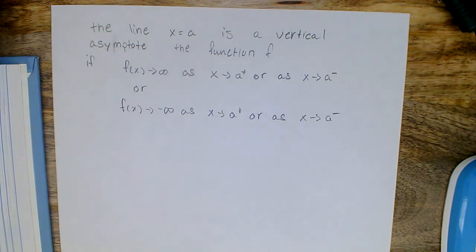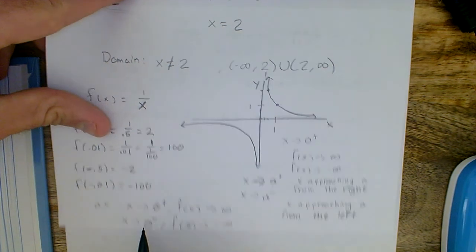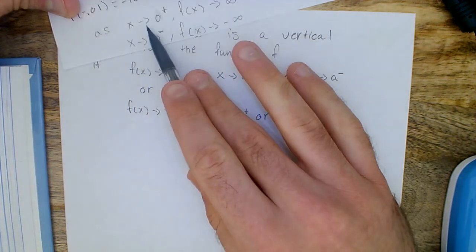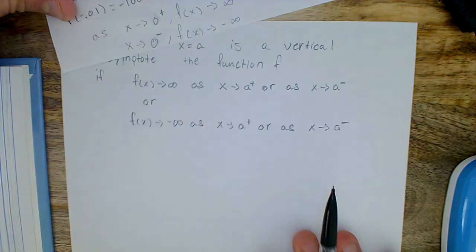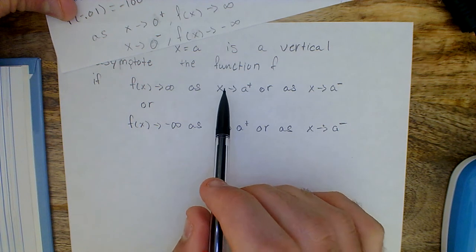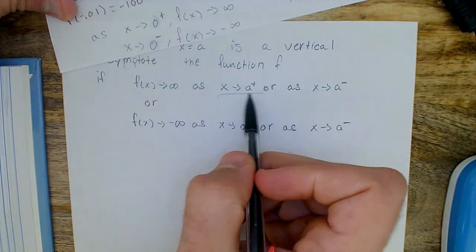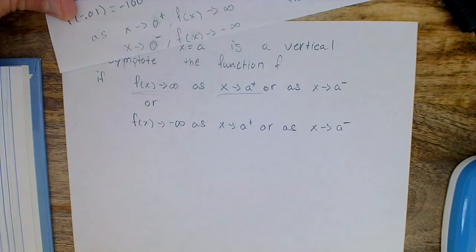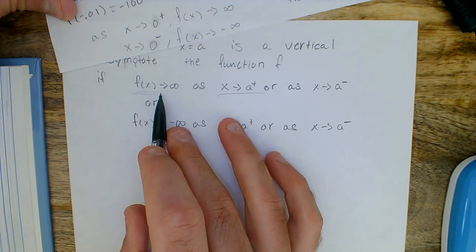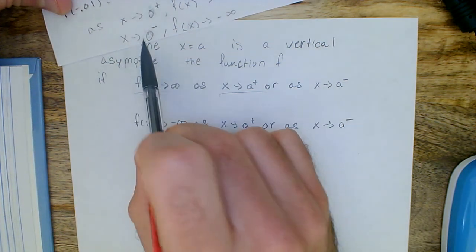Right, so in our last example, we had this situation. As x approaches 0 from the right side, f of x went to positive infinity. Note that we also had another case, but it just happened to be at 0.